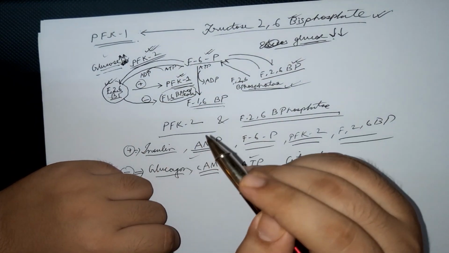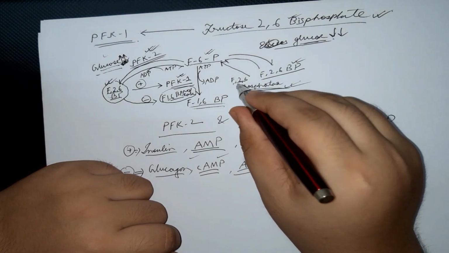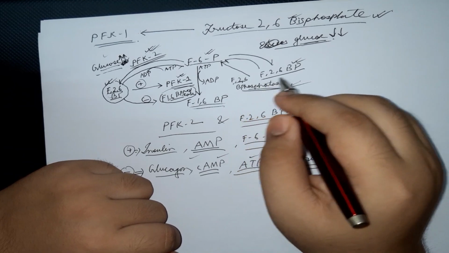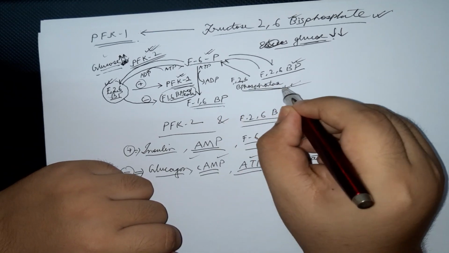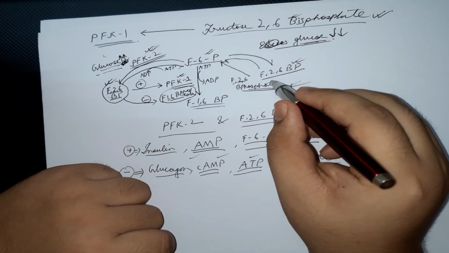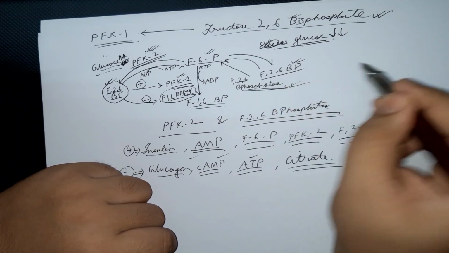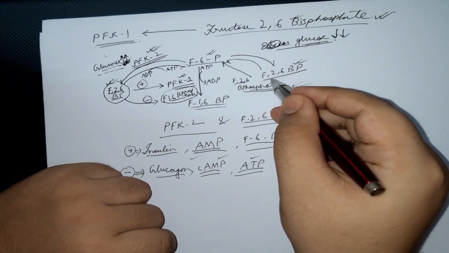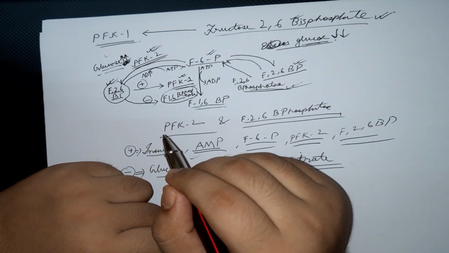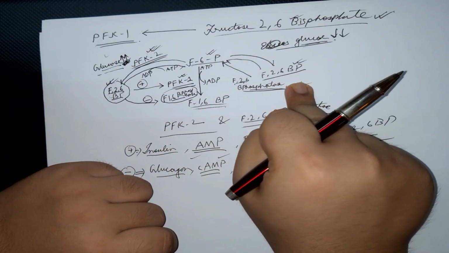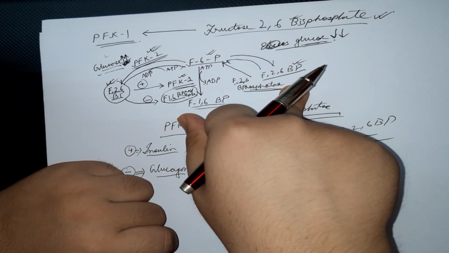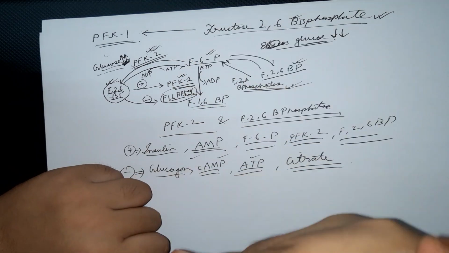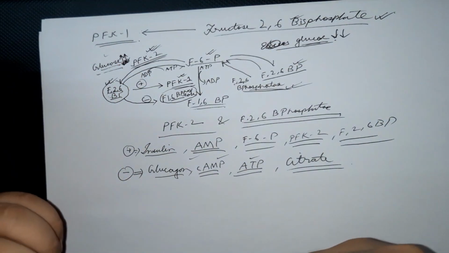Then what happens is very important. See, there is another enzyme called fructose 2,6-bisphosphatase, and what it will do is convert fructose 2,6-bisphosphate back to fructose 6-phosphate. Essentially, fructose 2,6-bisphosphate would have positively affected PFK1, and hence glycolysis would have been favored.